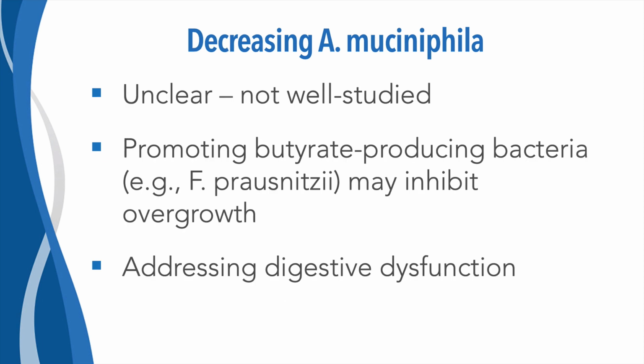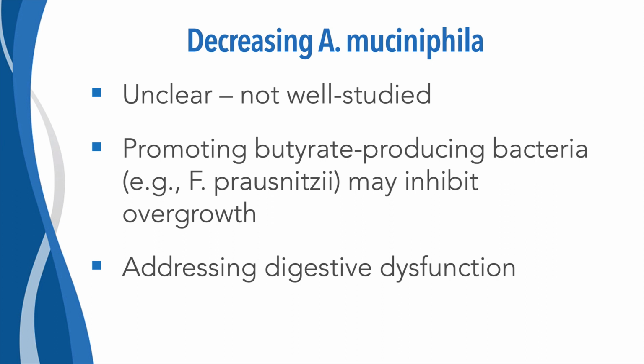And now, based on some of the newer studies that are starting to show that there may be an association between high levels of Akkermansia and various neurodegenerative disorders, there's clinical interest in potentially understanding how Akkermansia levels may be decreased. Unfortunately, to date, based on research, that's not really been well established, something that's not been well studied. However, there is some research that gives some hints as to what may contribute to decreasing Akkermansia levels. So this second bullet point, promoting butyrate-producing bacteria, may inhibit the overgrowth of Akkermansia.